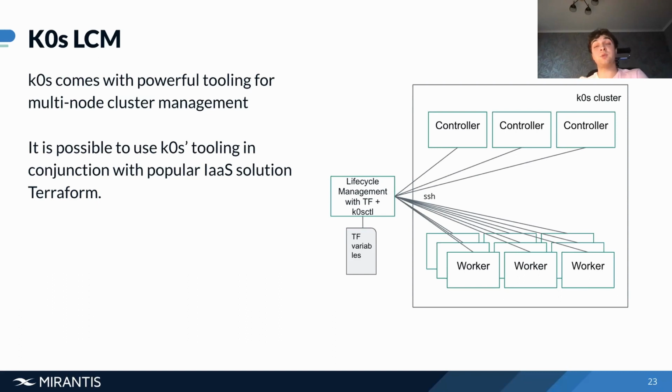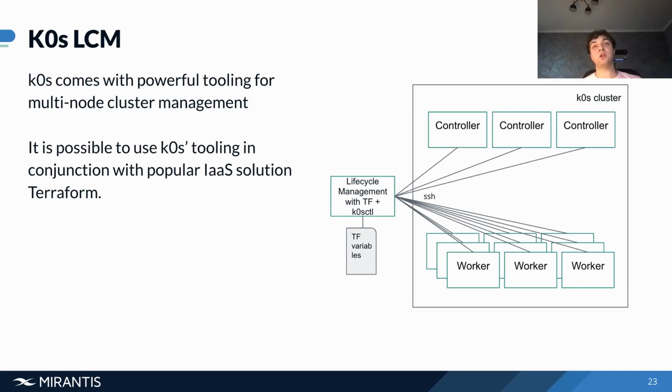This Terraform script will create all the infrastructure needed for k0s and provide output, which you can use with the tool that we have for k0s called k0sctl. So with this configuration provided by Terraform and the k0sctl tool, you can install your whole k0s cluster with just one command. So it is pretty easy to do.